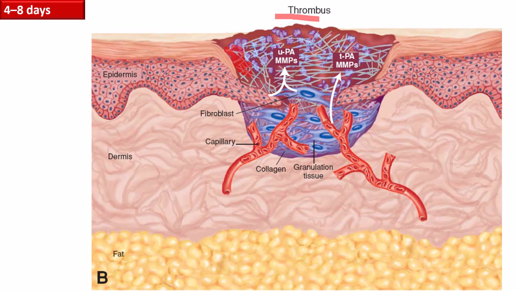So the granulation tissue is formed below the thrombus. There is proliferation of the fibroblast down there. They are proliferating and forming collagen.